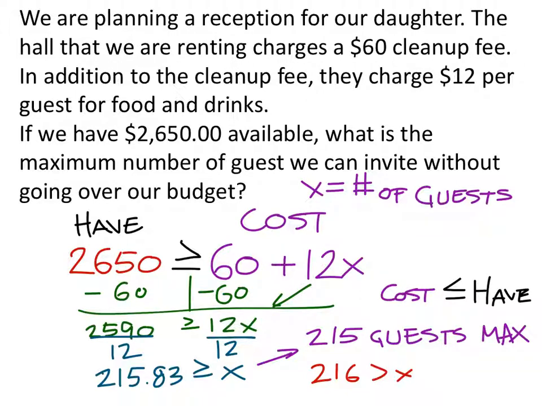Okay, so whether you write it as 215 is greater than or equal to x, which would be fine, it means the same thing with the 216. This is only the case when we're dealing with values that have to be whole numbers, but really the answer should be written more as a sentence like this.